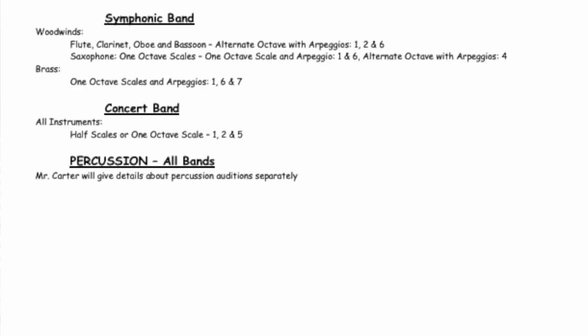So if you are a woodwind player that's going to try out for the symphonic band, you will need to play alternate octaves scale 1, 2, and 6. And all saxophones will play scales 1 and 6 on your 1 octave scales page and scale 4 on your alternate octave scales page. And then all the brass players, you're just going to play scale 1, 6, and 7 on your 1 octave scales page.